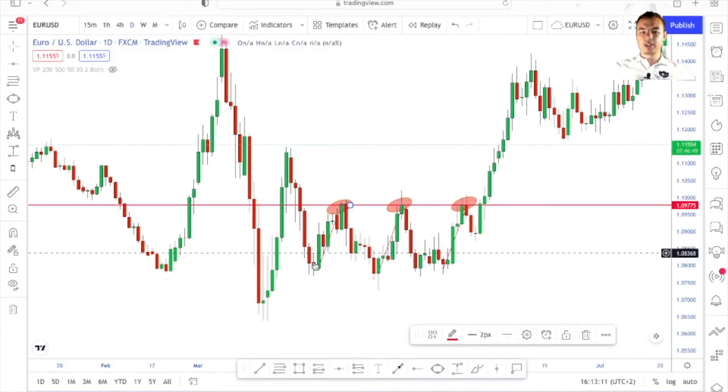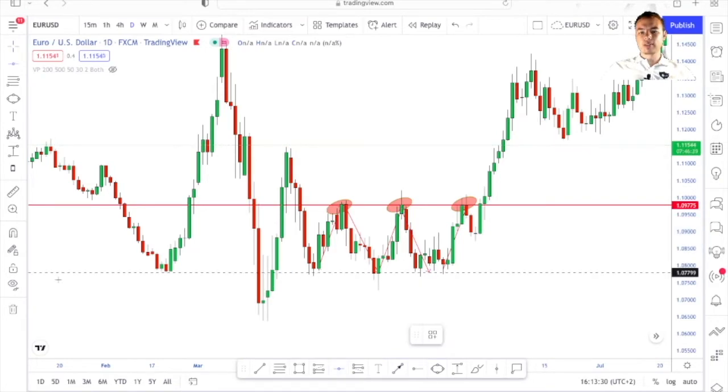As you can see, price came down here, then pushed up. Came down again, same area, pushed up again. Came for the third time, rejected, pushed up again. So this is support over here. This here.